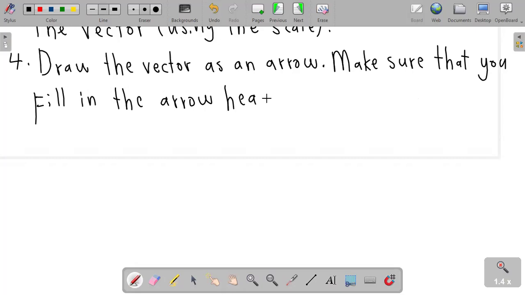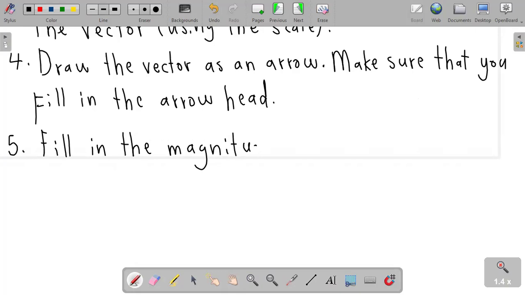The arrowhead will be the pointer that shows the direction, and it points in the direction of the reference direction that we chose in step 2, and then fill in the magnitude of the vector.